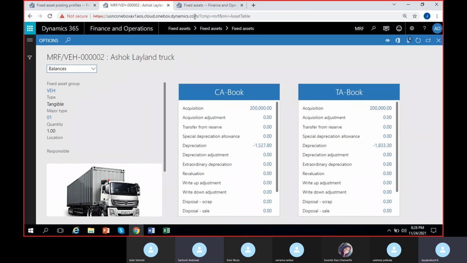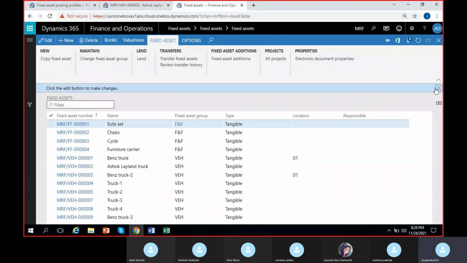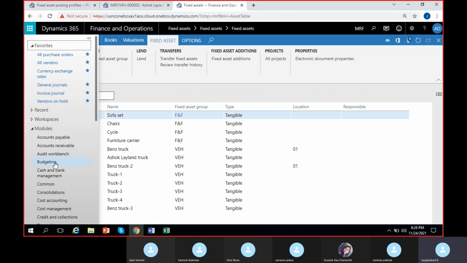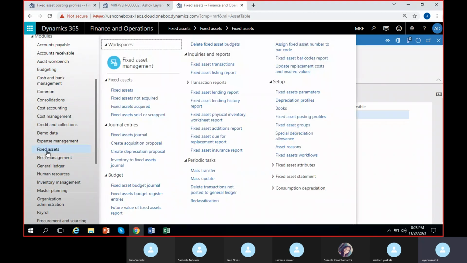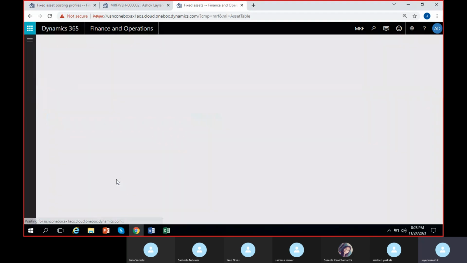Okay. Yes. Okay, to sell a fixed asset, you can go to fixed asset journal again. Normally fixed assets, fixed asset journal. You could have created a separate journal as a fixed asset sale journal. It's up to you. Since for acquisition we have created one journal, for depreciation we have created a journal, right?